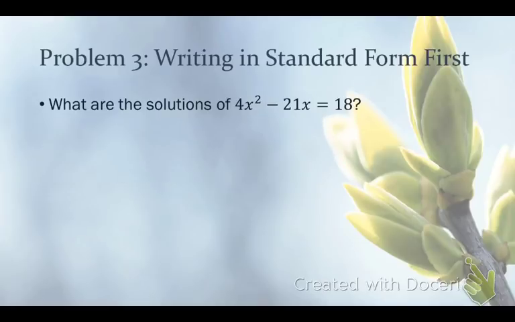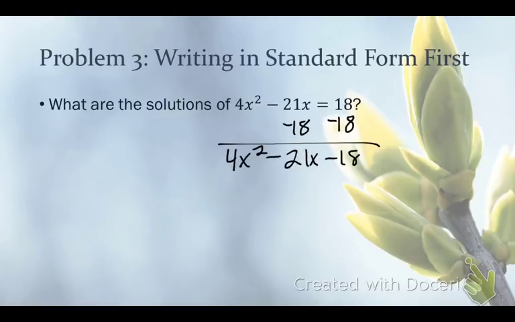So what about if we have something like this? Well, in order for the zero product property to work, I do have to have an equation equal to 0. So I am going to take this equation and first write it in standard form. So I am going to subtract 18 from both sides so that I have 4x squared minus 21x minus 18 is equal to 0. Now in this case, I do have an equation that can be factored. So I am going to have to factor this.